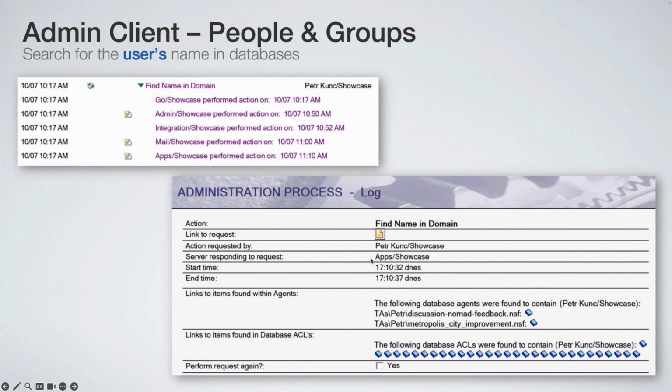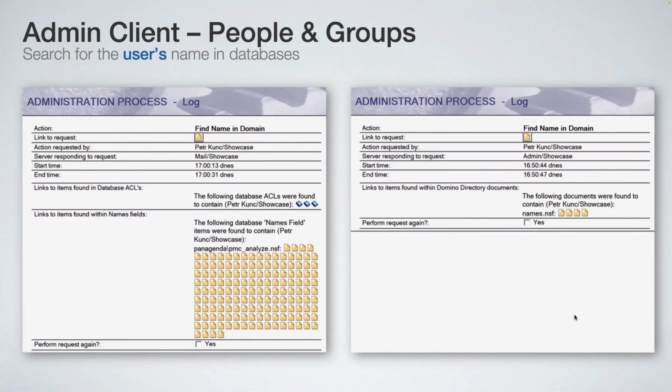So here are the examples. This name is used in this agent because I signed these agents, in these, I don't know, 40 database access control lists, and also within the documents, not only in database properties, but in document properties.